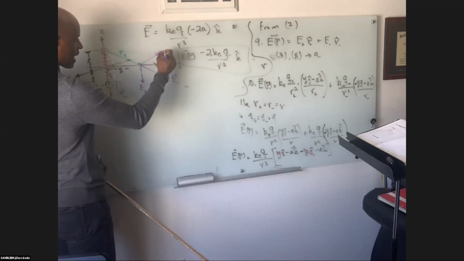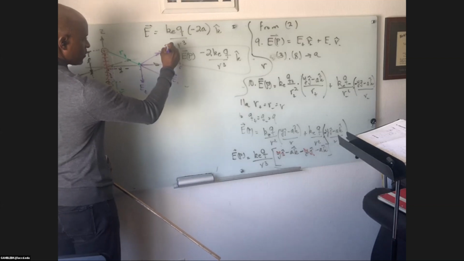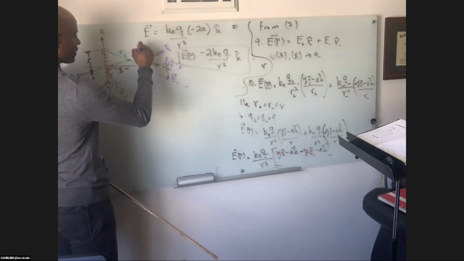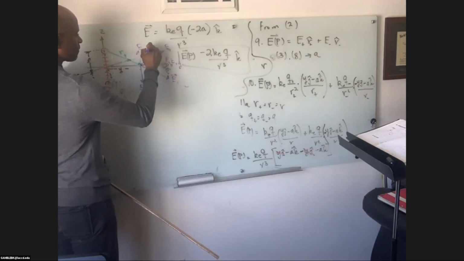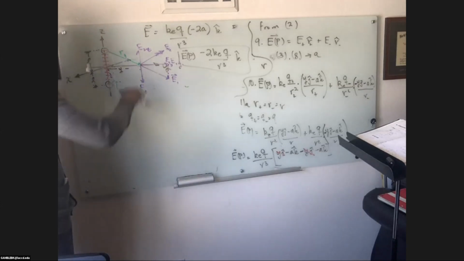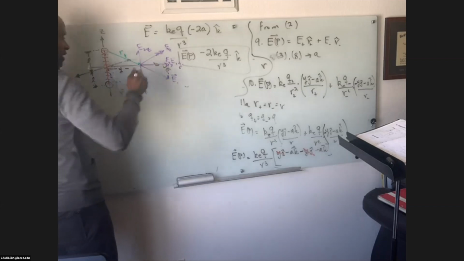But now this one, if you call it E2, will have an E2y there, but over here I'm going to have an E2z, and it's the E2z's that cancel out, and the y-axis will add up.